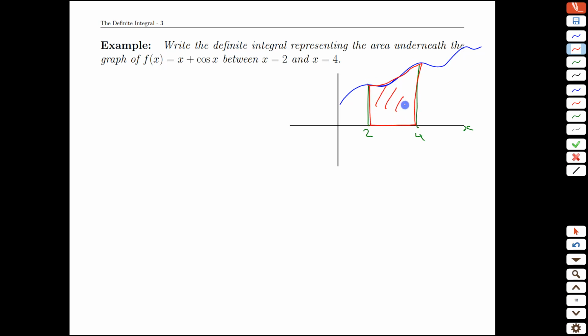That area is going to be equal to the integral of the function, so x plus cos of x, put brackets around this whole thing, with respect to x, and we want to start at 2 and end at 4. So we can very easily write down notationally what we mean by this exact area. Now, we can't do much with this immediately, but that's where we're going to be heading, is how to handle this with some sophistication as we move forward.